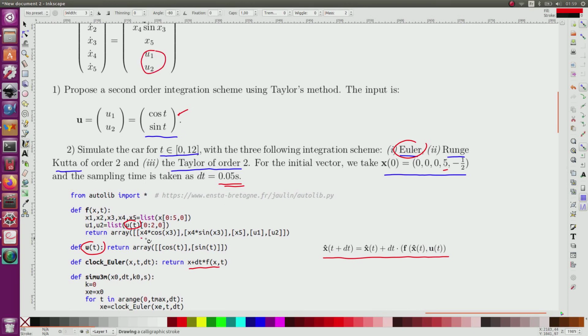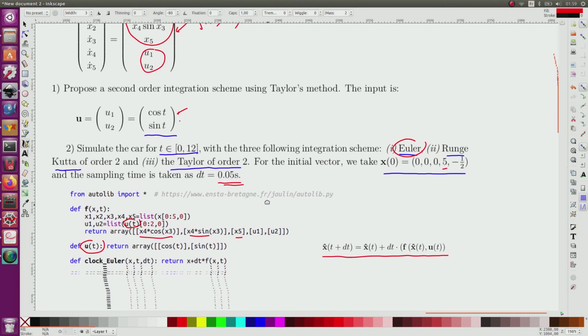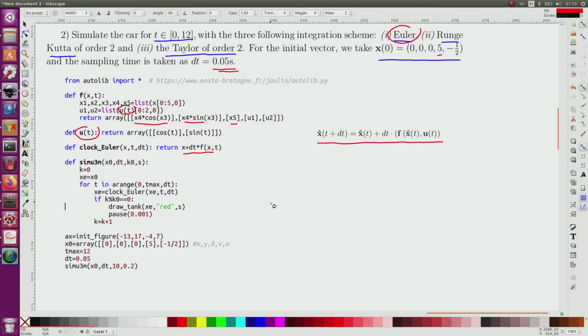Now this and this correspond to that in the evolution function. So this corresponds to f of x and u. Since u depends on t, I call it like this. I initialize the figure, I initialize the state, the sampling time, and I start the simulation. So 3m, like 3 methods.